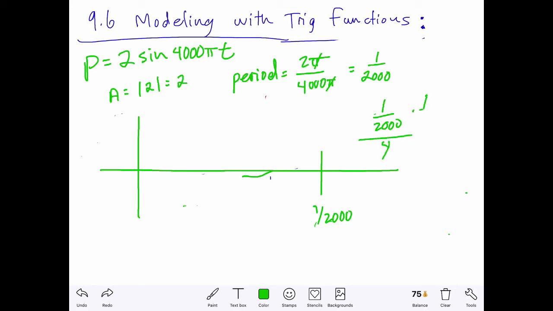So I'm going to invert and multiply, 1 over 8,000. That's how much I'm going to add each time. Let's divide in 4 equal sections. So 1 over 8,000. 1 over 8,000 plus 1 over 8,000 is 2 over 8,000, which is 1 over 4,000.